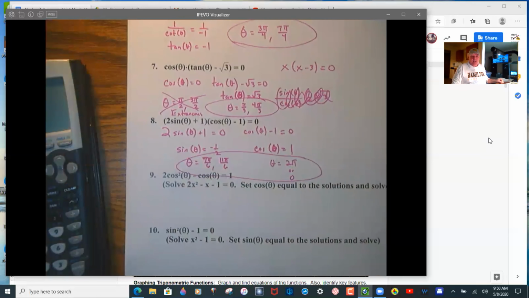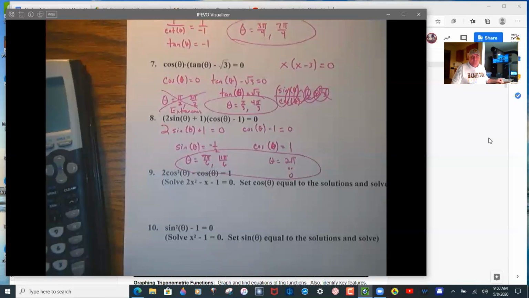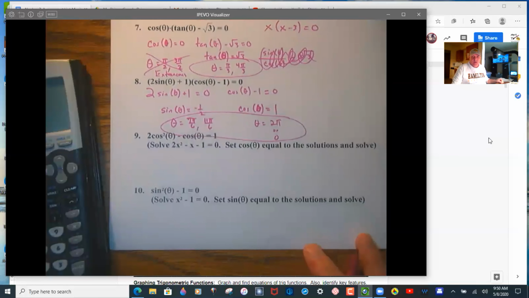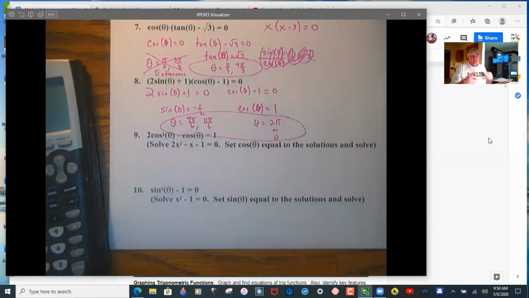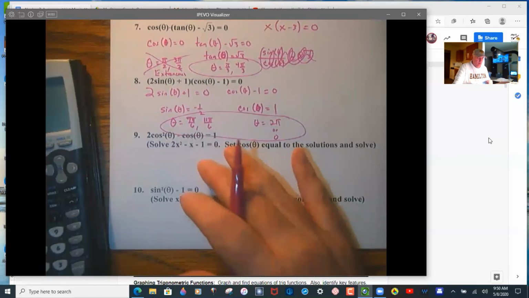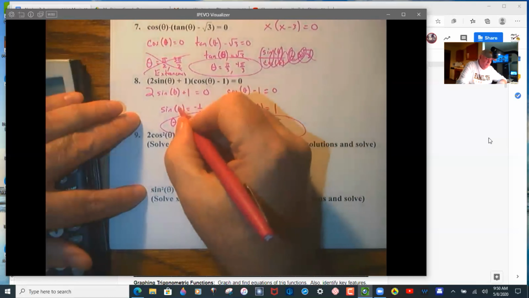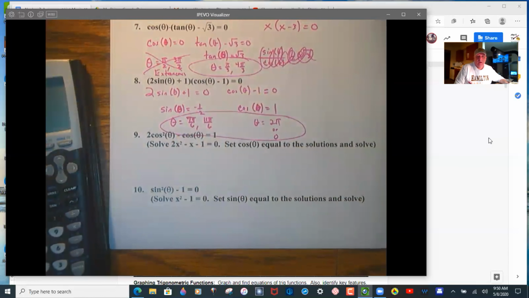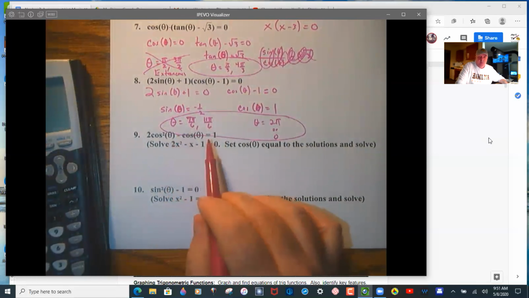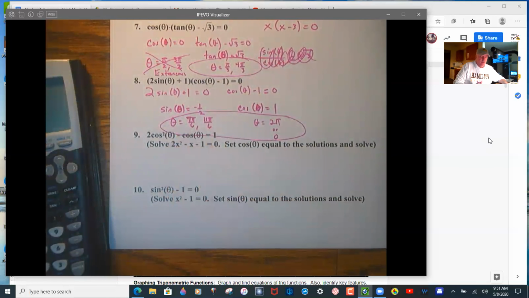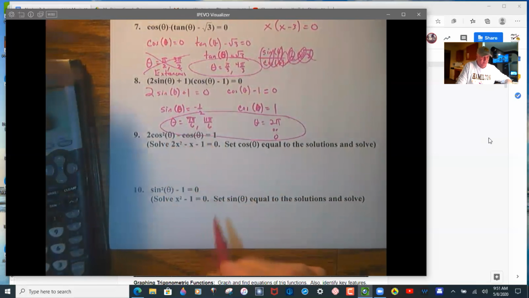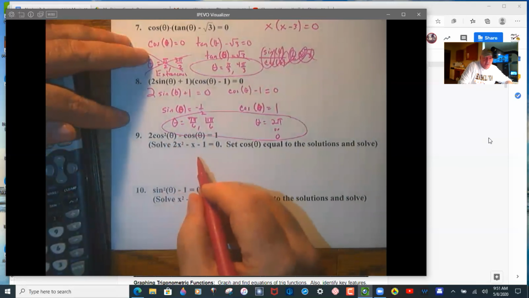9 and 10 just involve a lot of work if you want to use the chart. So you've got to take these and factor like you would with a quadratic, and then set those factors equal to 0 and solve. So I'll show that work, and then you can look at your table. And if you didn't want to do that, you'd have to put this into the calculator. You need to be a little careful with entering cosine of x squared, and so I'll show that.